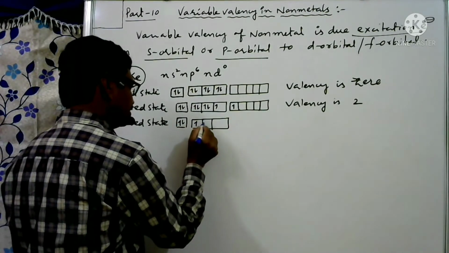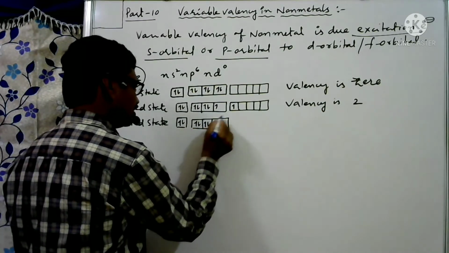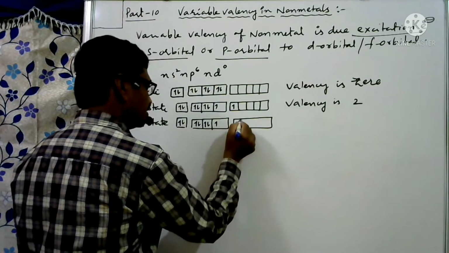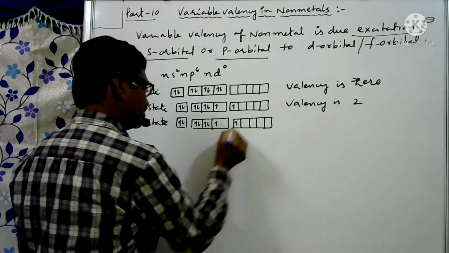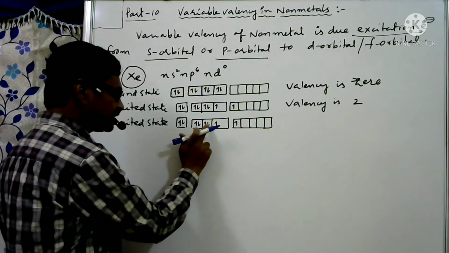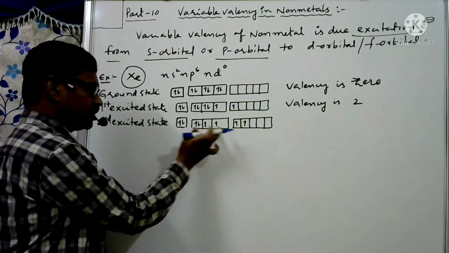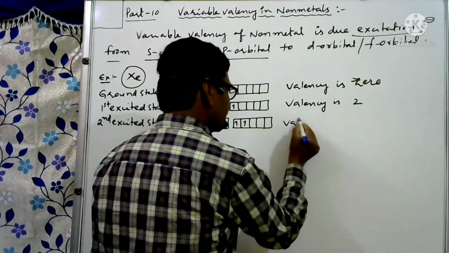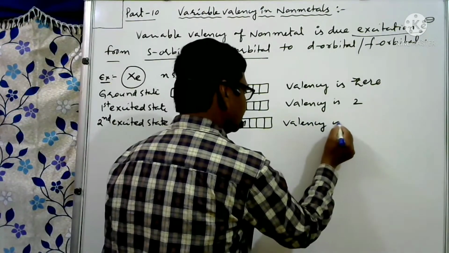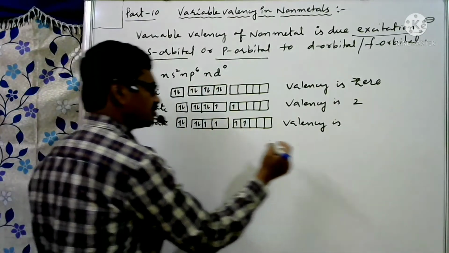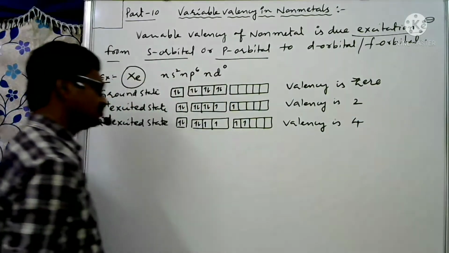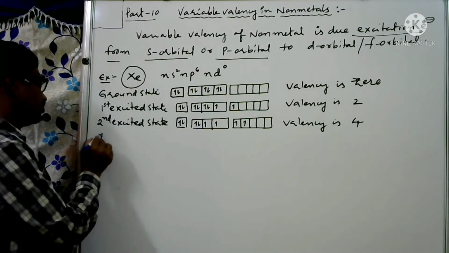One electron jumps from the p orbital to the d orbital, and this electron will also jump from here to here. Now how many unpaired electrons are present? 1, 2, 3, 4. So valency is 4. Similarly, we have the third excited state also.